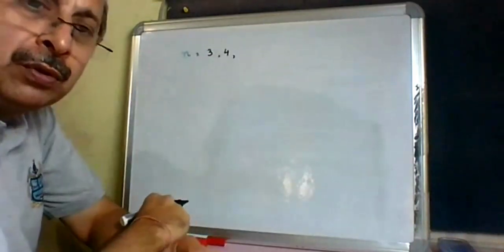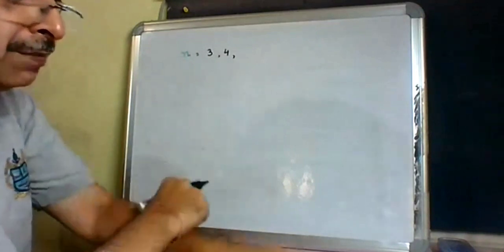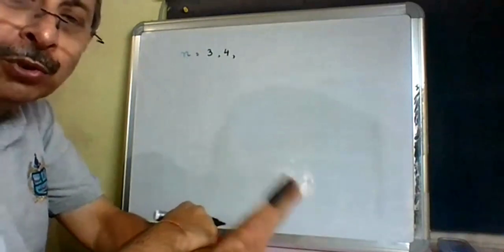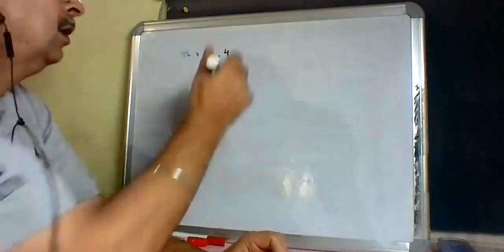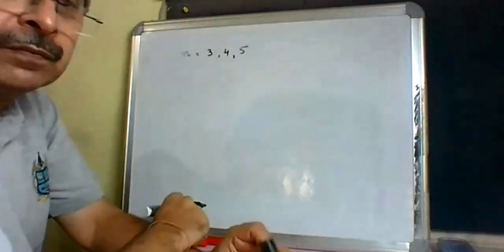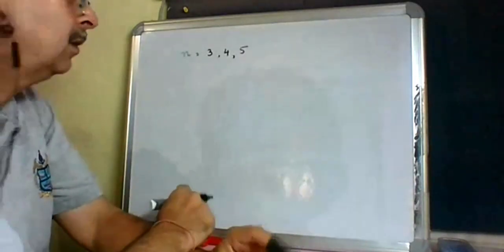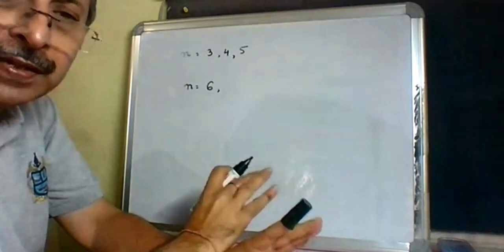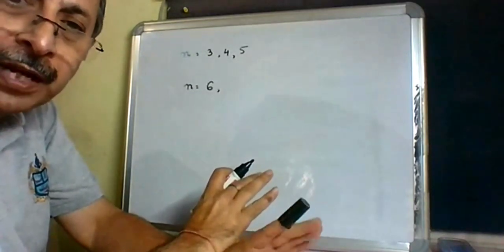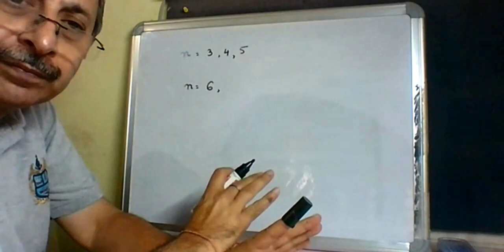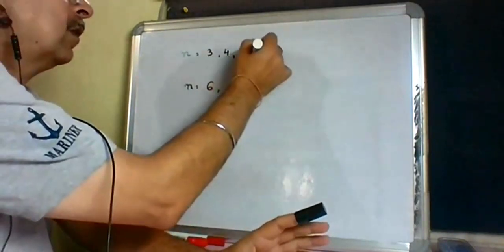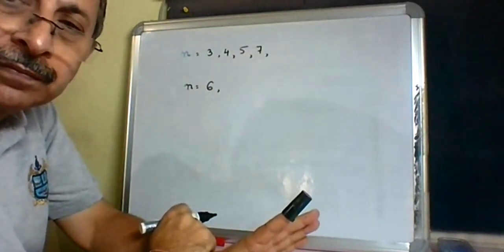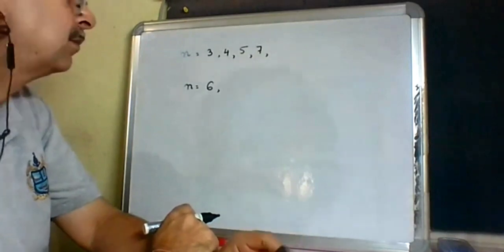For 4, rule 2 only. Sir, rule 2 for 4. Rule 2, only rule 2. Okay. N is equal to 5. Rule 1. Agreed. N is equal to 6. No rule as yet. Correct? Yes sir. N is equal to 7. Both 1 and 2, rule 1 on priority.